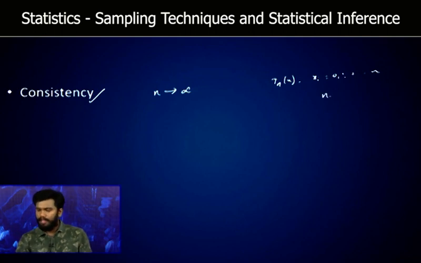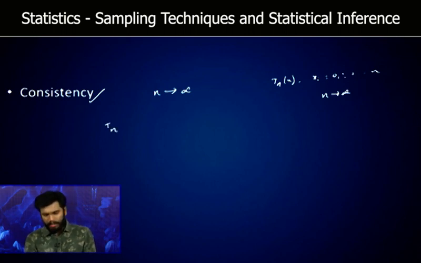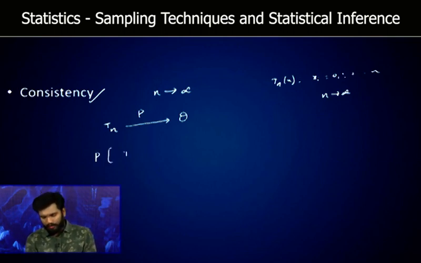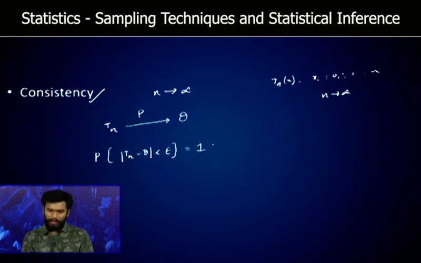Now if this n tends to infinity, my Tn will have to tend to my parameter theta in probability. Now how do we write this? Probability of the absolute value of Tn minus theta being greater than epsilon must be equal to 1.